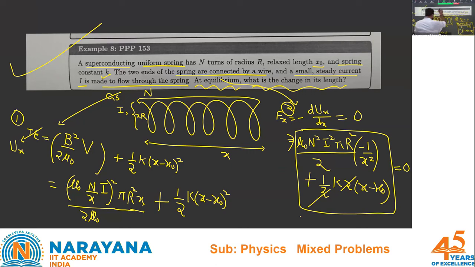Check that. Are we getting x naught minus I square mu naught pi r square n square divided by 2k x naught square? Are we getting this expression?